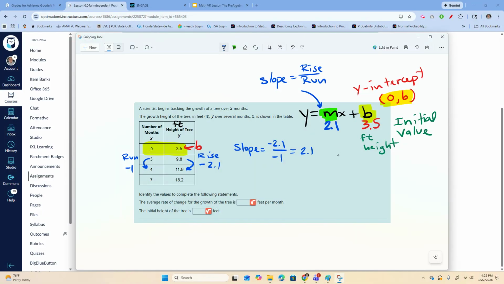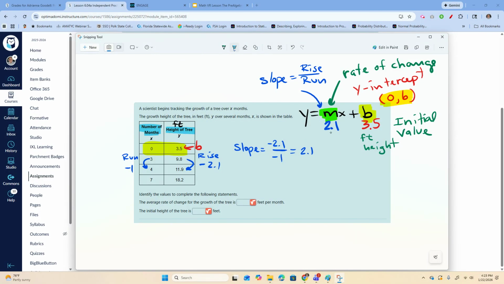Now, what does that really mean in real life? Remember, the slope is also known as the rate of change. In this case, look at the titles of the 2 columns. The x is the number of months, and y is the height of the tree. So what this means is that the tree is growing every month by 2.1 feet.